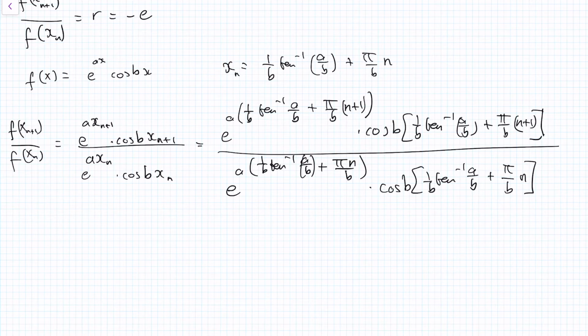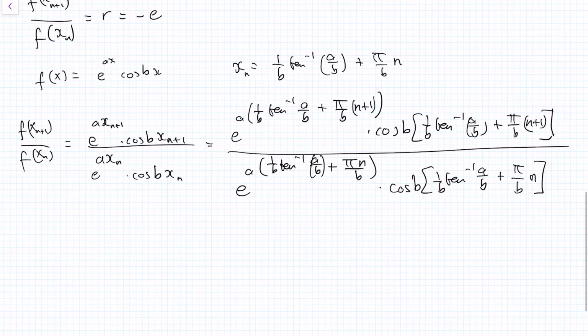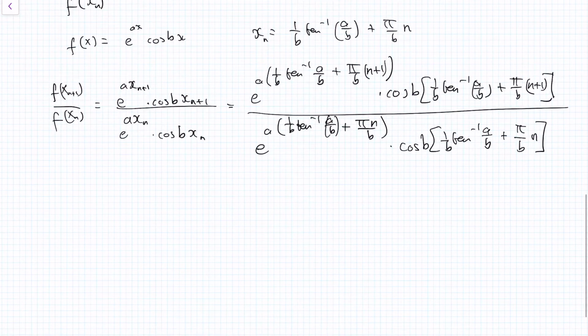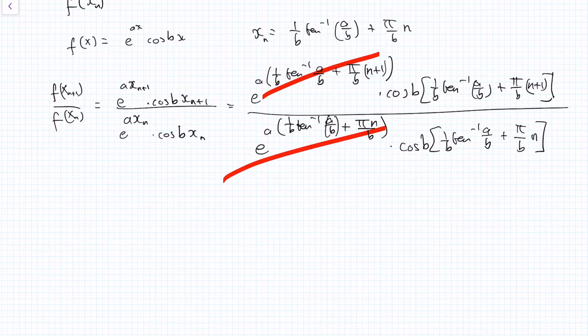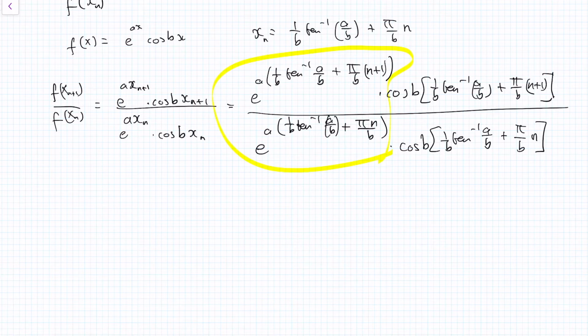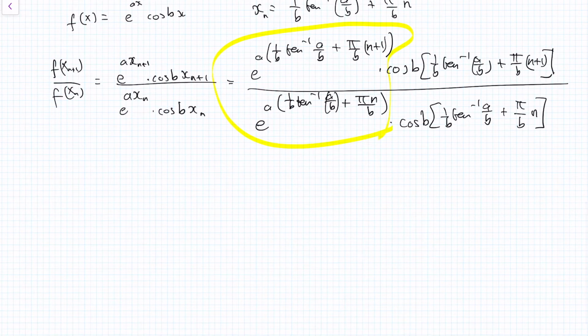Okay, right. Now let's simplify. Let's simplify these two exponentials first. So we have e to the a over b tan inverse of a over b plus a pi over b (n plus 1).